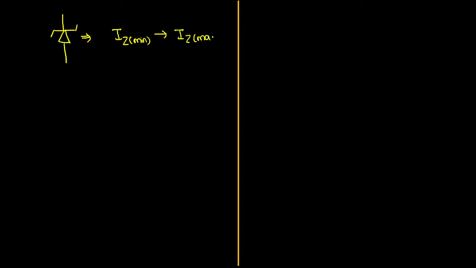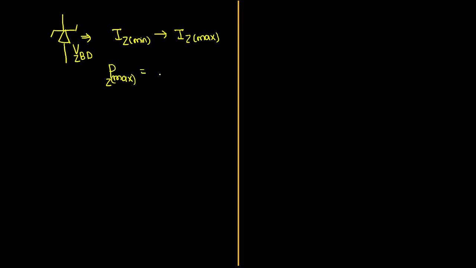So what we have to do is, during this condition, check whether the Zener diode is carrying minimum current or maximum current. The voltage drop across the Zener diode is called the Zener breakdown voltage. This voltage will always be given in the examination. Now you may be asked to calculate the maximum or minimum power consumed by the Zener diode.